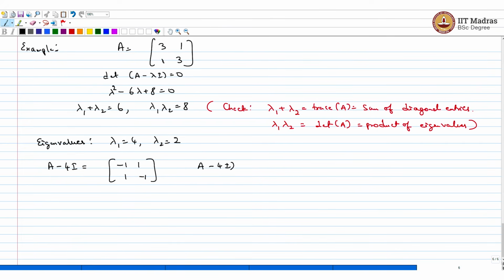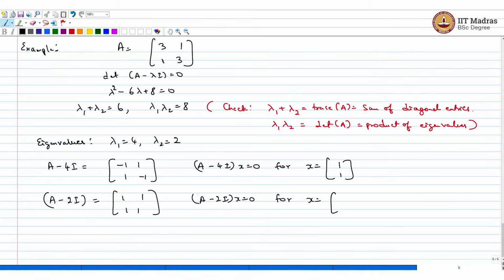So (A minus 4I) x equals 0, and you can just see that x equals (1, 1) satisfies. If x equals (1, 1) satisfies, obviously x equals (2, 2) satisfies, and so on. Now for the other eigenvector, A minus 2I is [1 1; 1 1]. All I have to do is (A minus 2I) x equals 0, for x equals, this time, (1, -1).